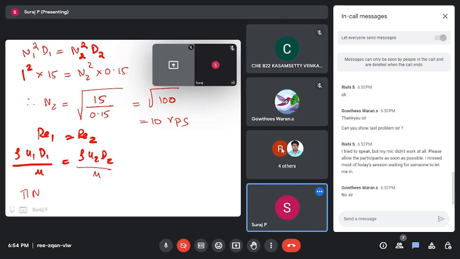Moreover, acceleration due to gravity is given, and nothing about fluid properties like viscosity is mentioned. That's why we are going only for Froude number and not for Reynolds number.